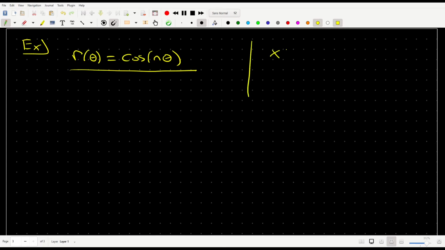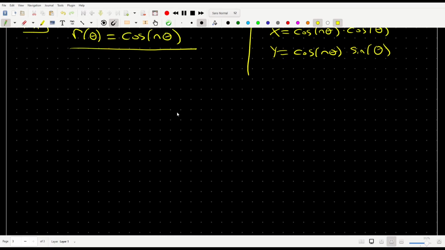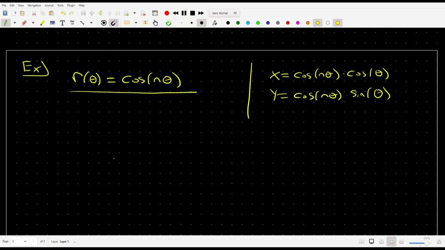So the parametric equations are x is equal to cosine of n theta times cosine of theta, and y is equal to cosine of n theta times sine of theta. And what we want to do is compute the area of one petal.